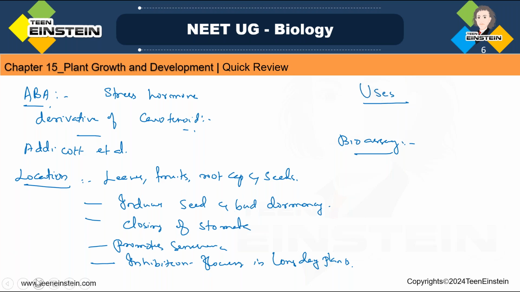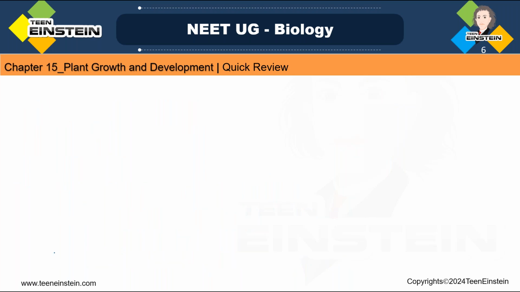So next, the last topic which we are learning in this chapter is photoperiodism, and vernalisation also we need to learn. Photoperiodism first. See, photoperiodism is the effect or requirement of relative length of day and night for flowering.